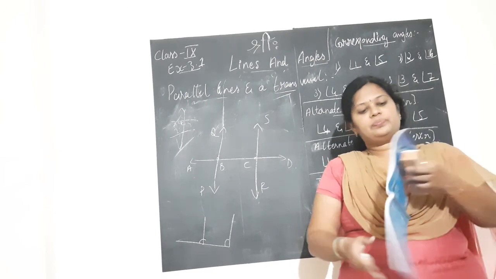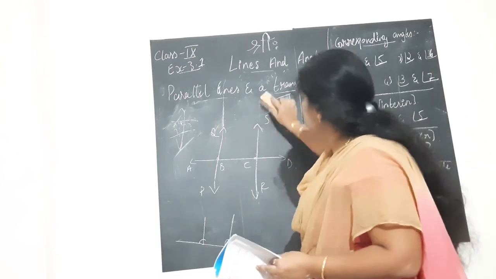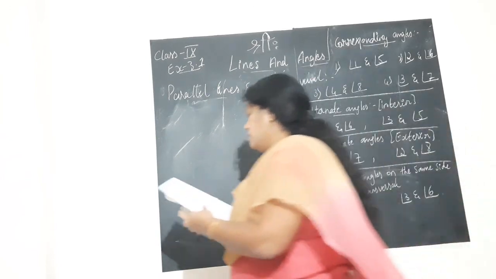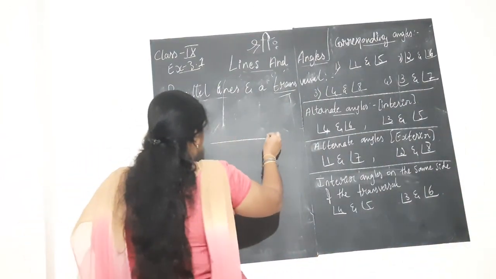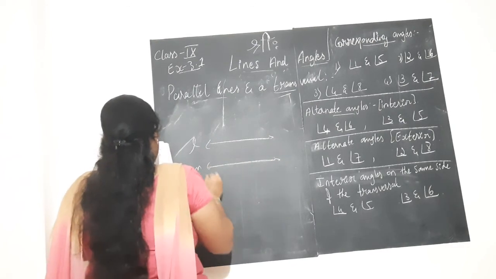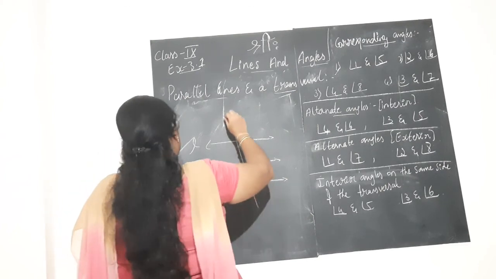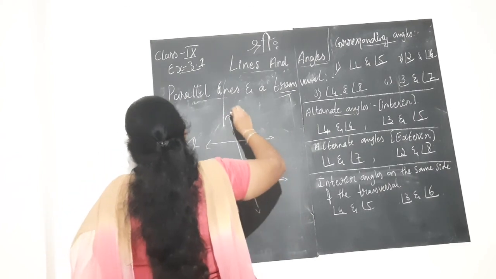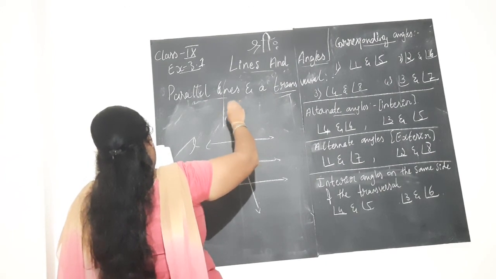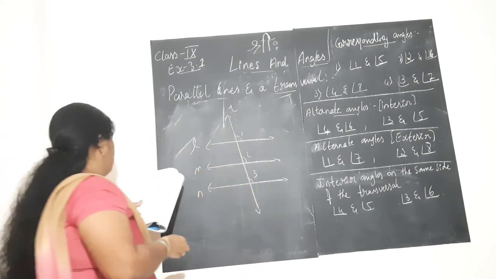Here you can refer to figure 3.23, children. You have three lines given, L, M and N, and you have a transversal T which is making angles 1, 2 and 3.